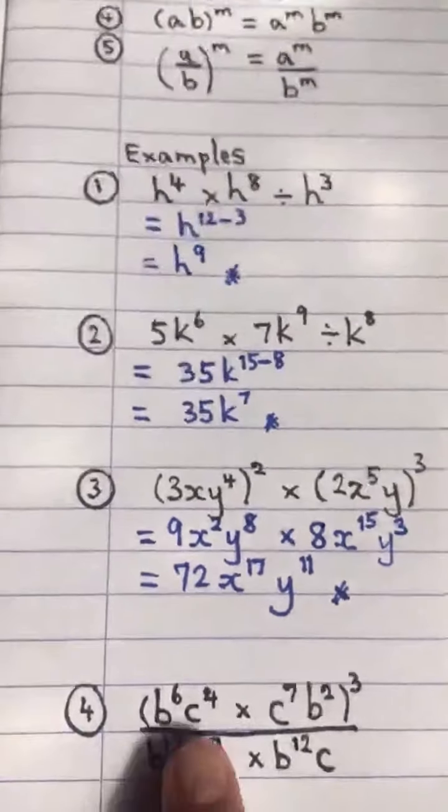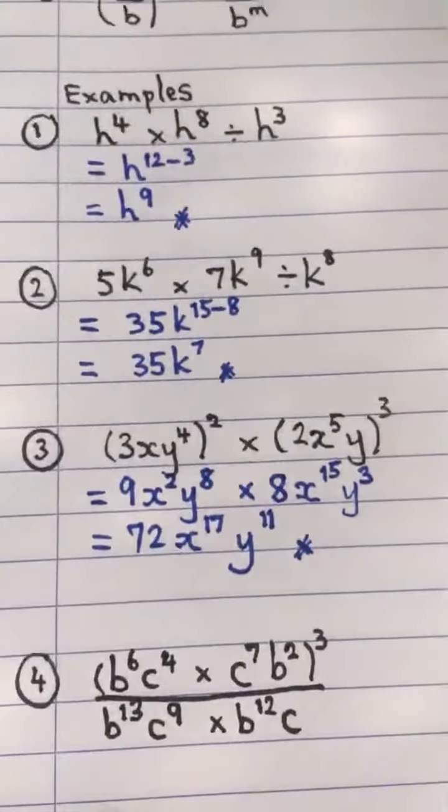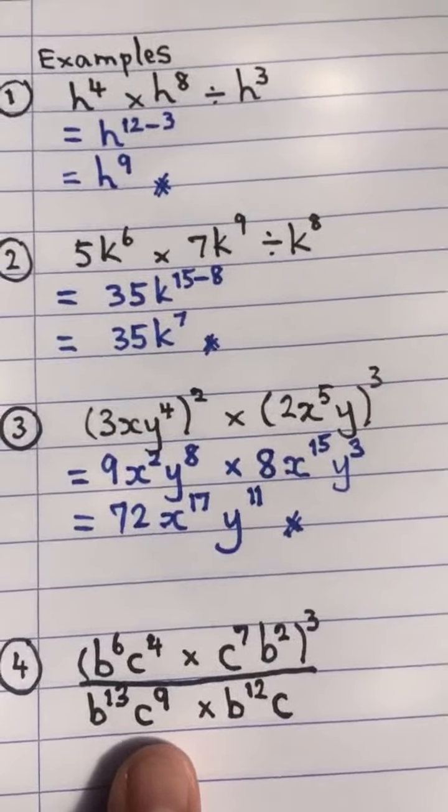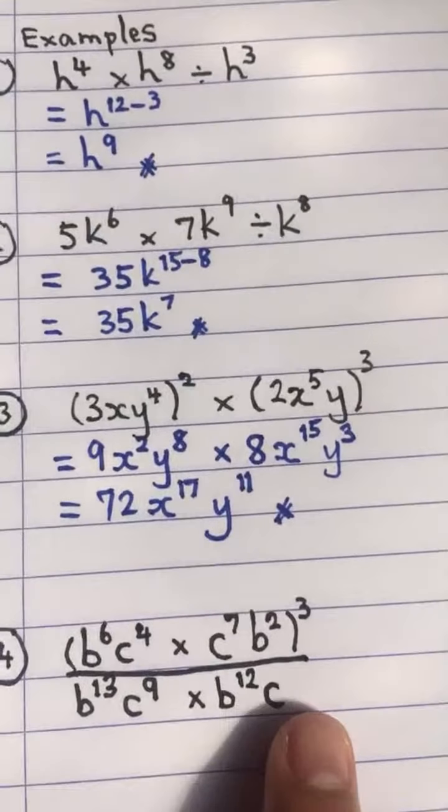The bracket covers the whole thing and then power 3. The whole thing is divided by b power 13, c power 9, times b power 12 times c.